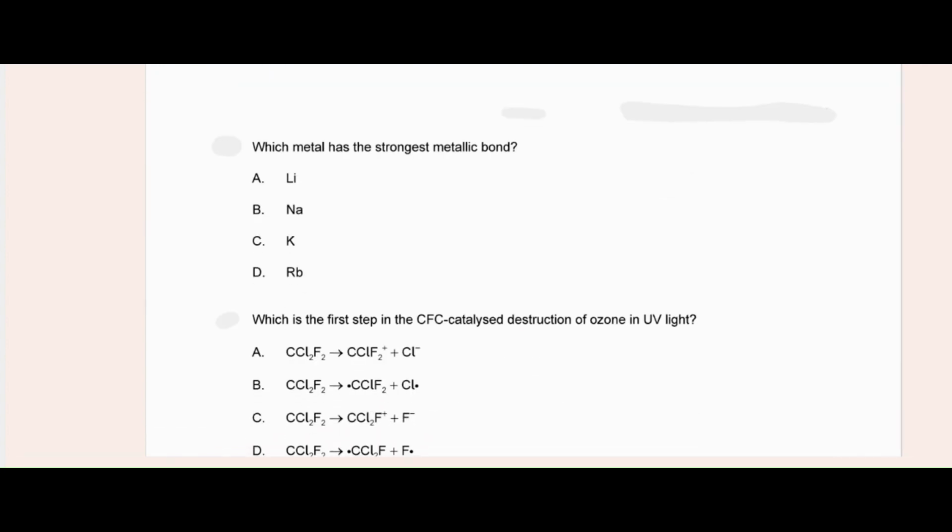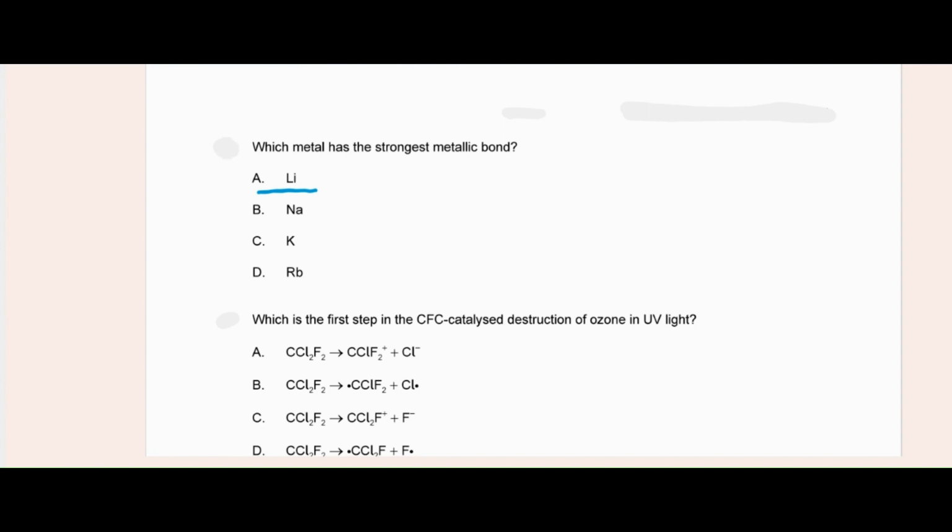Which metal has the strongest metallic bonding? Well, the smallest atom will be lithium. So that means it's got a short distance between the nucleus and its delocalized electrons.